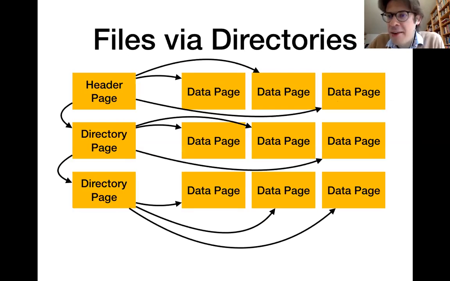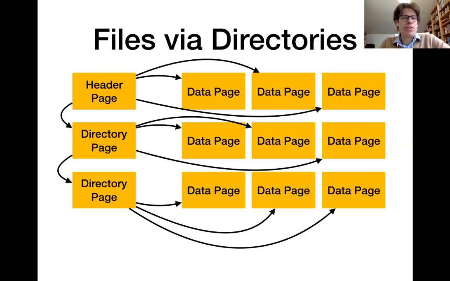The other possibility is that you have this so-called directory. So we have those directory pages on the left-hand side of the slide. And each of those directory pages contains pointers to the actual data pages. And the directory itself can again be stored as a linked list of pages. And again, we have this header page whose address you find in the database catalog.